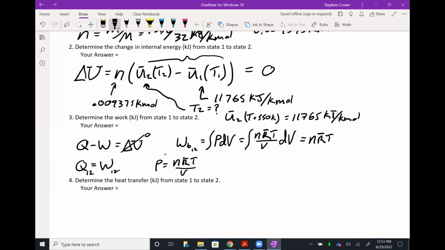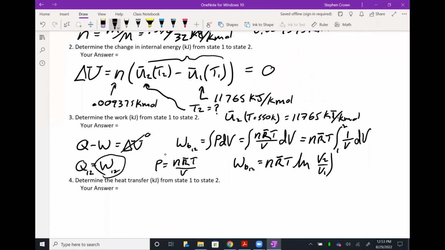The integral of 1 over V dV is just the natural log, with limits of the volume at state 1 and state 2. So we end up with the boundary work from 1 to 2, which is the work, the only work term we have, equals N R bar T natural log of V2 over V1 when we evaluate it at its limits.